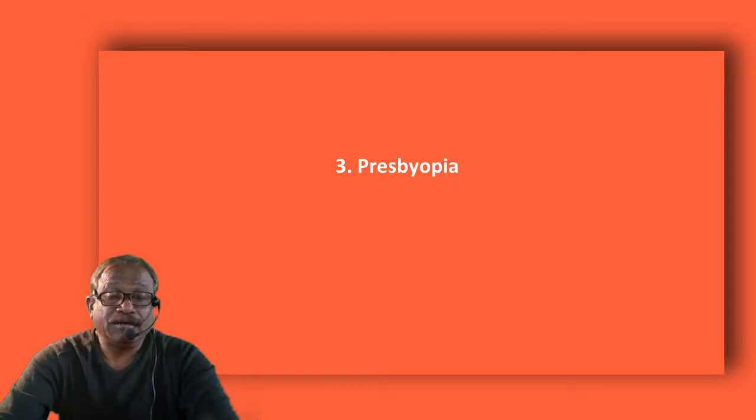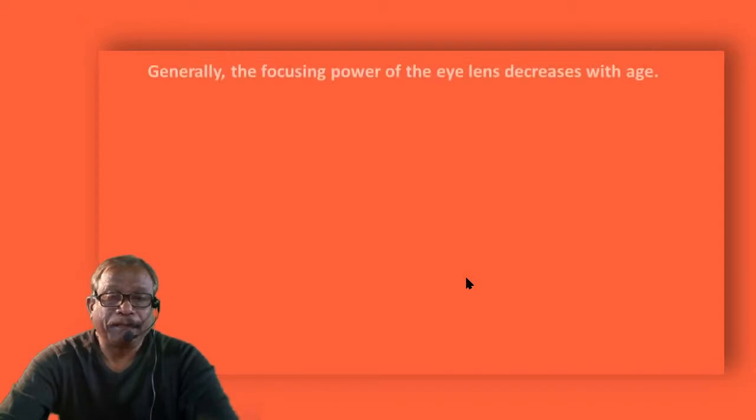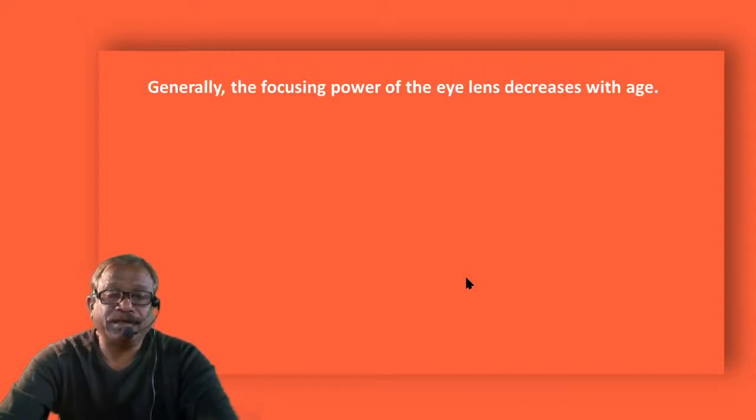Now, the third refractive defect, that is presbyopia. Generally, the focusing power of the eye lens decreases with aging. Generally, you see that after 40, the person wears spectacles for reading.